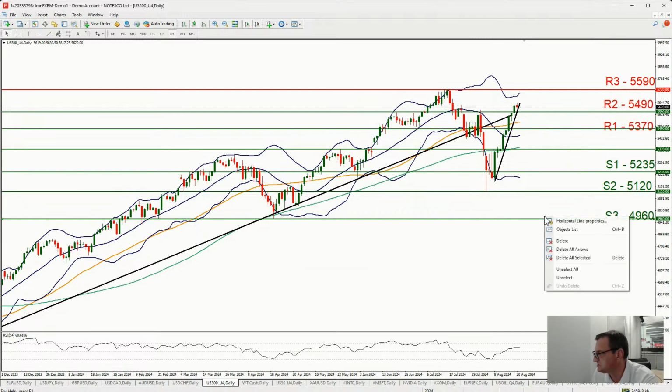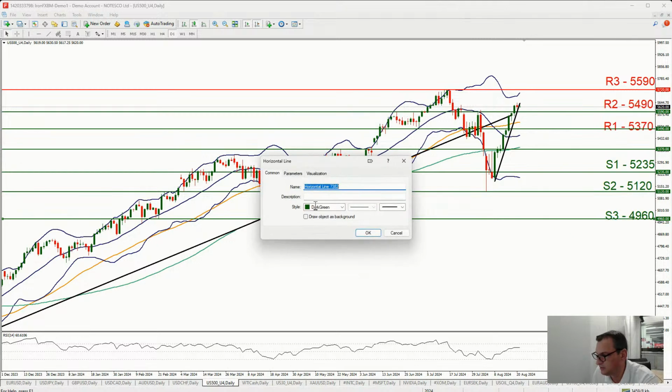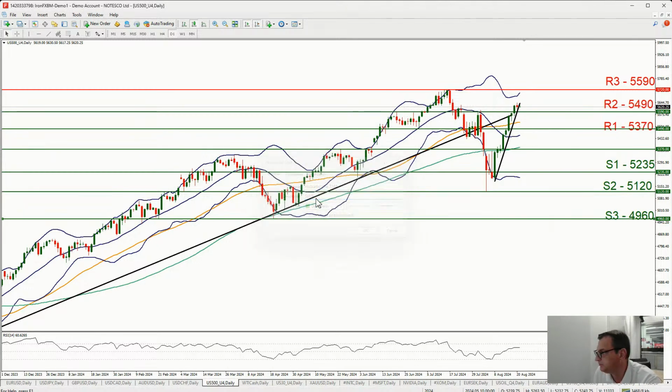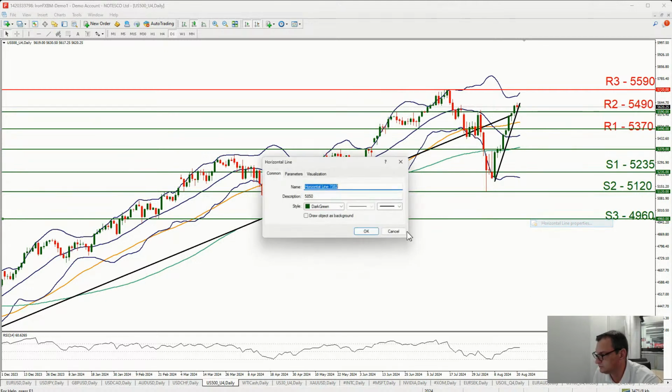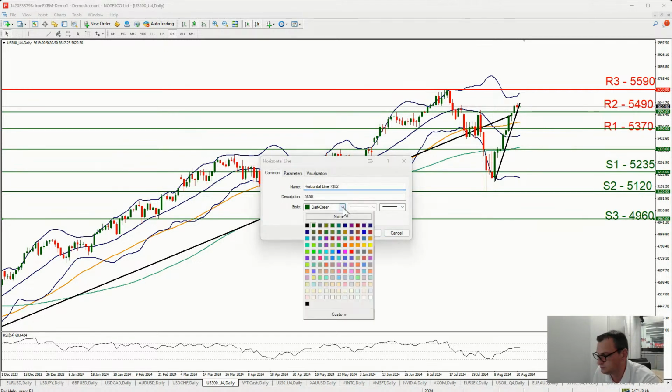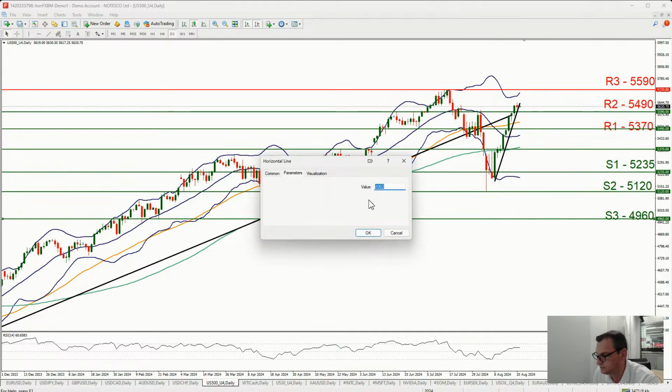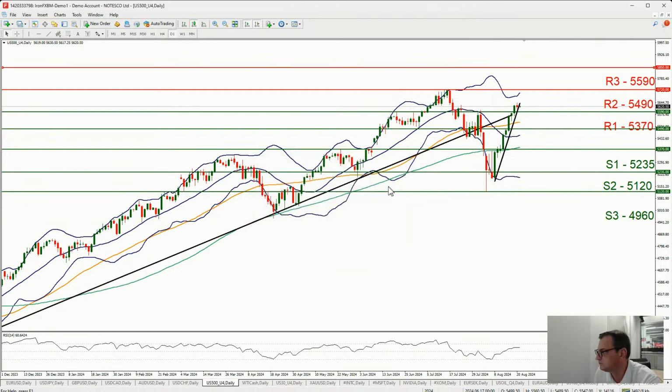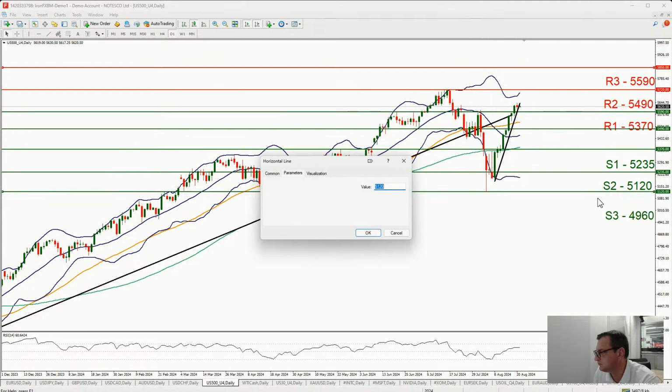Setting the new resistance line at 5850, and another one at 6000.